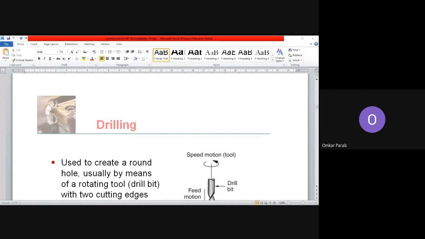One is based on the auxiliary slide and one is directly on the saddle. Perfect. Very good. So in case of capstan, there is the auxiliary slide, and in case of turret, there is no auxiliary slide. The turret is directly mounted on the main slide. Very good.